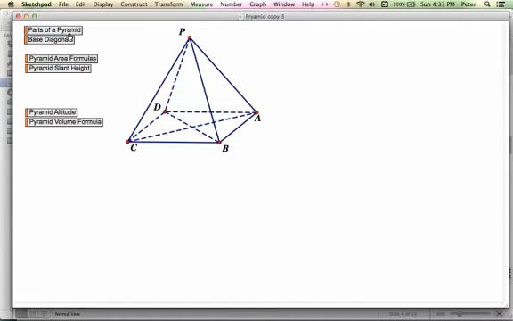I think we've come across that before. Opposite the vertex is the base. Now the base can be any shaped polygon, and typically in the pyramids that we look at, it'll be a regular polygon base. When it is regular, the base diagonals will intersect directly below the vertex.